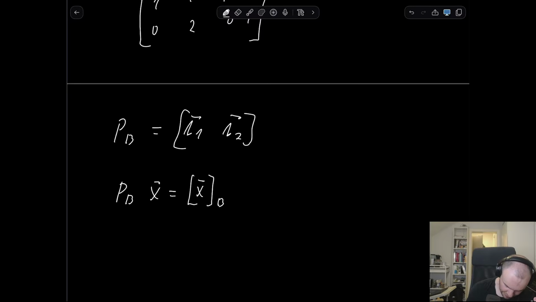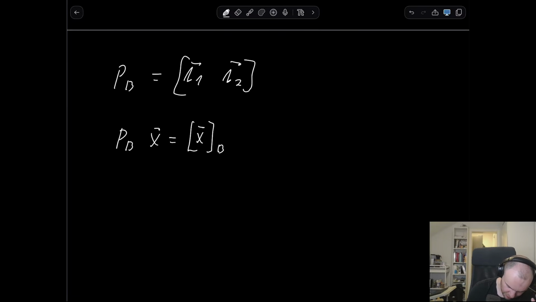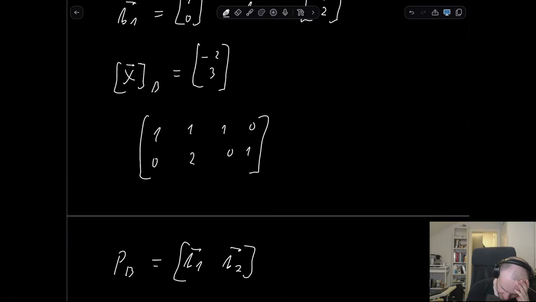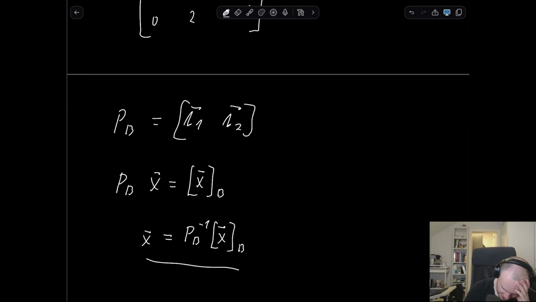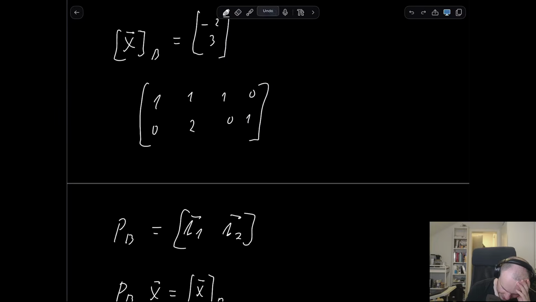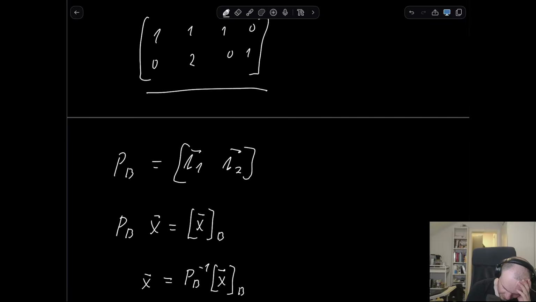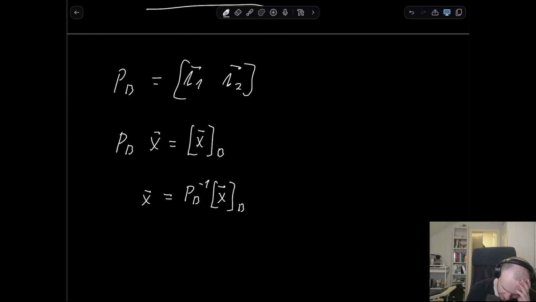And if I multiply by the invertible theorem, I get X, and then I get PB minus 1, and then X. Just like that. Yeah, okay, that's how I wanted this. Now you can see what I just written here. The solution to X is the same as here. You see, the solution is just to invert that matrix there, right?